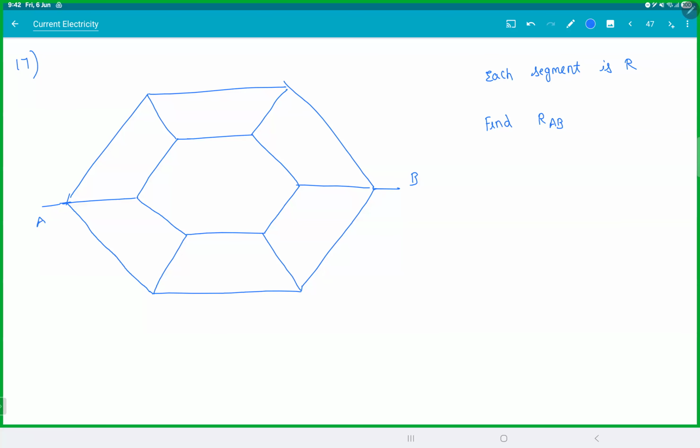Others, keep your cams on. What kind of symmetry is there?